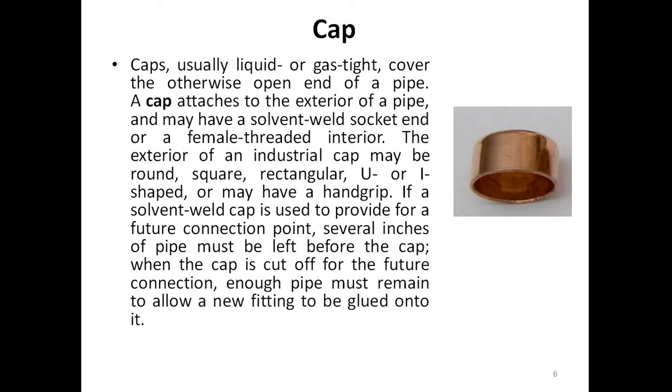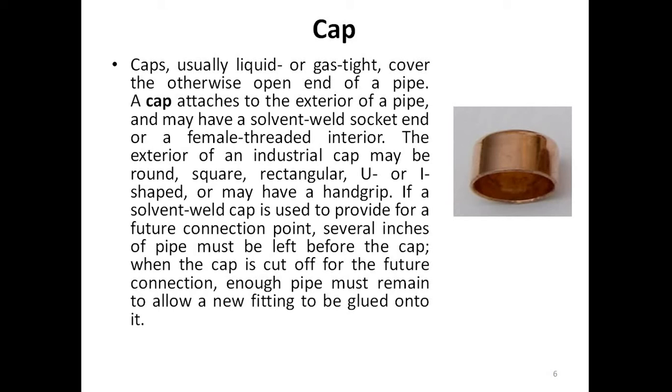The exterior of an industrial cap may be round, square, rectangular, U or I shaped, or may have a hand grip. If a solvent weld cap is used to provide for a future connection point, several inches of pipe must be left before the cap. When the cap is cut off for the future connection, enough pipe must remain to allow a new fitting to be glued onto it.